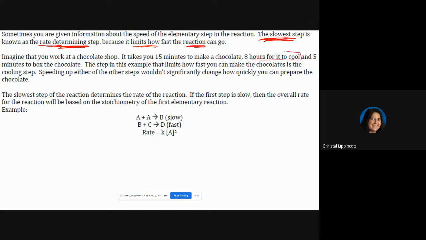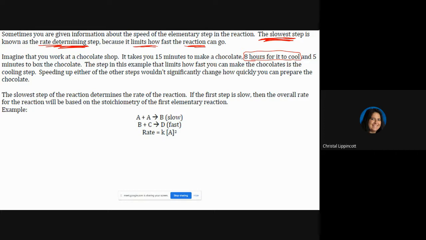That is going to be your rate determining step here. That's the step that limits how fast you can make the chocolates. If we did this in 7 minutes and this in 2 minutes, it's still not going to change how long it takes, because the cooling determines our rate.